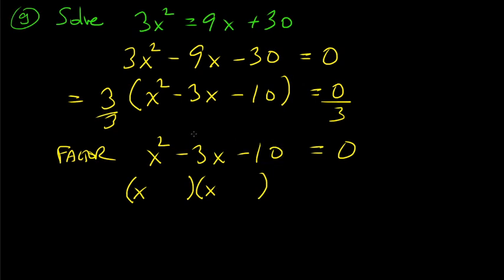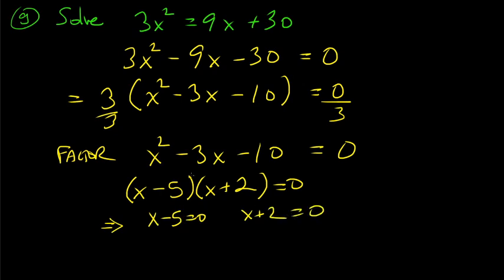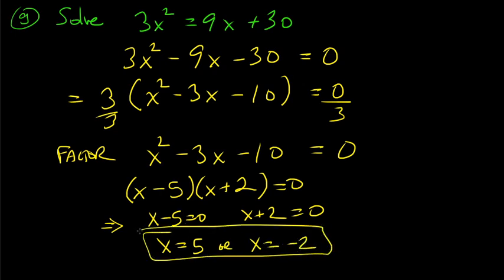So it's not negative 10 and 1. It's negative 5 and 2. Negative 5 plus 2 is negative 3. So, yep. At this stage, you just set them equal to 0. And you get x equals 5 or x equals negative 2. So again, two answers.